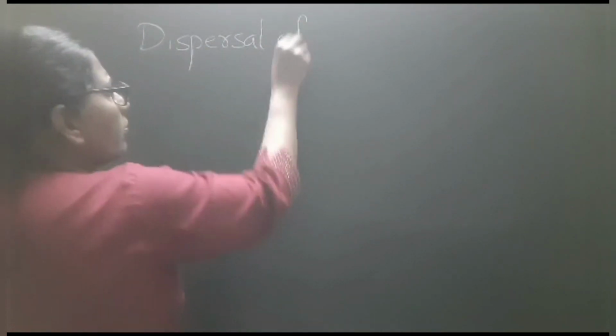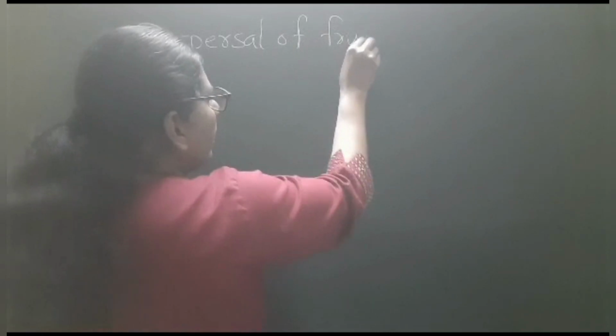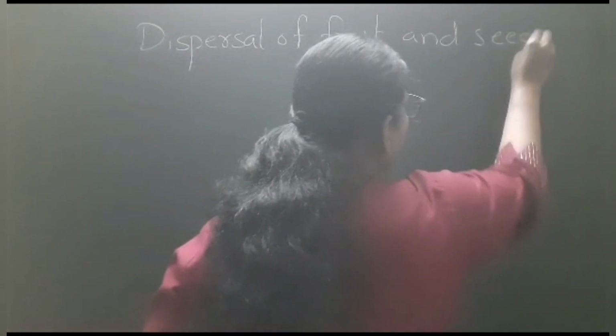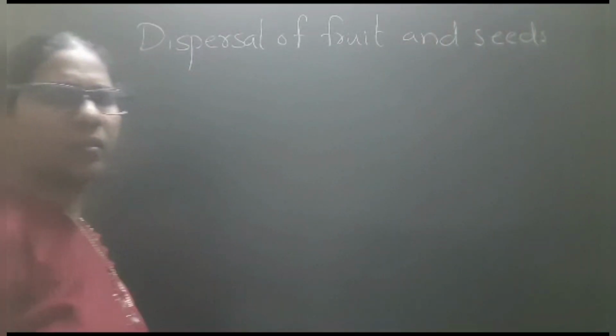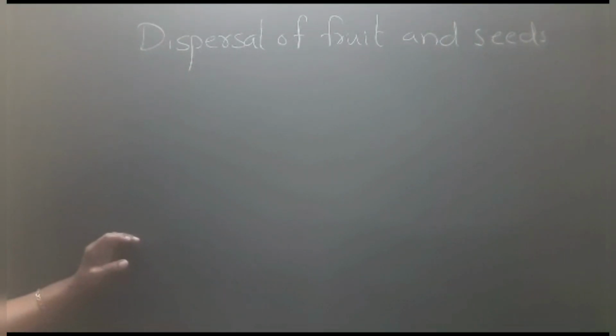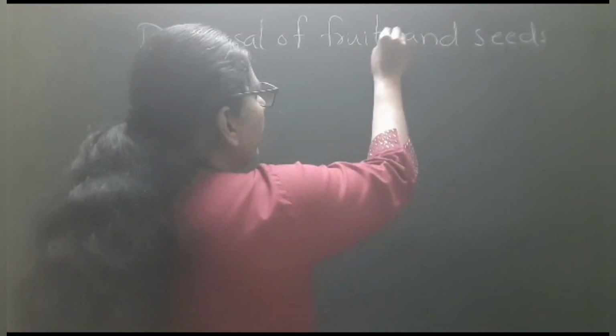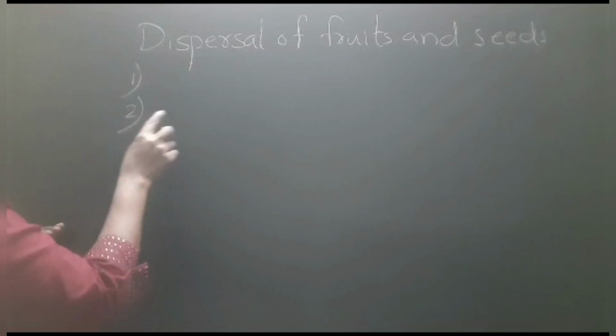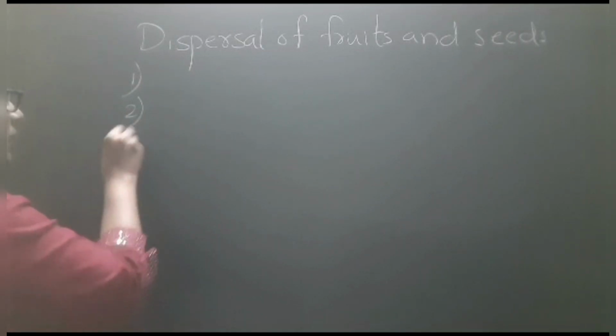Now let's learn about dispersal of fruit and seeds. There are three ways seeds can be dispersed.